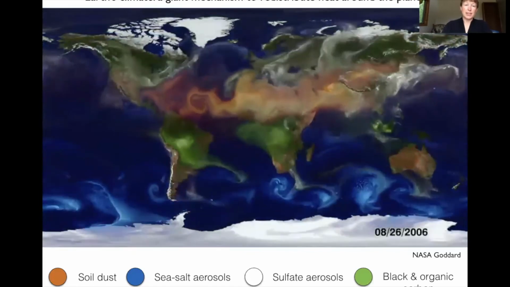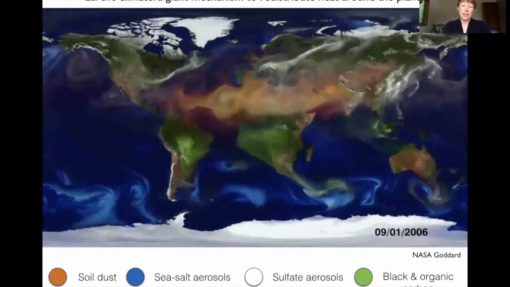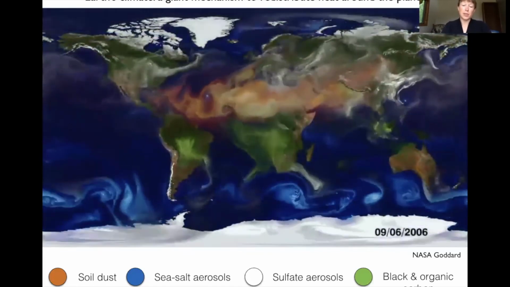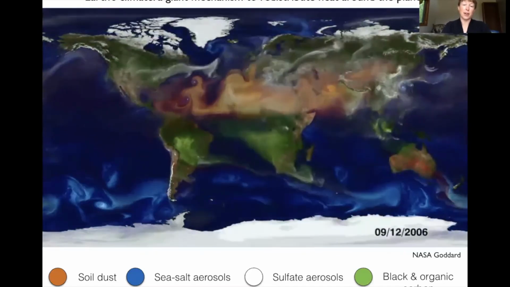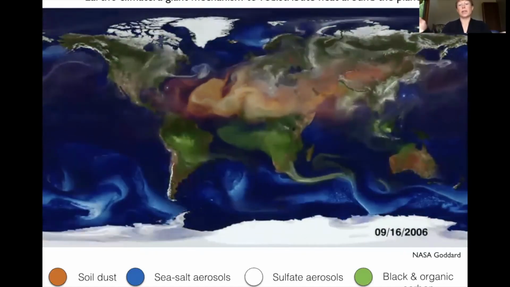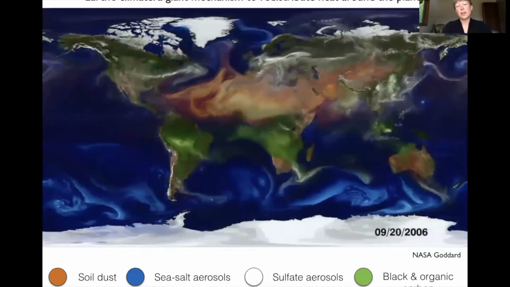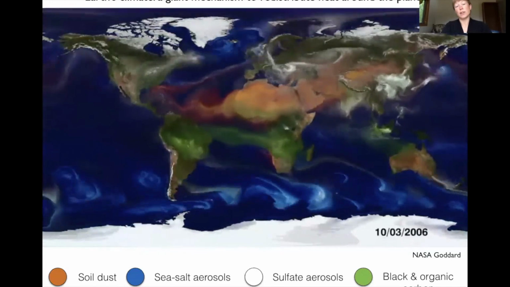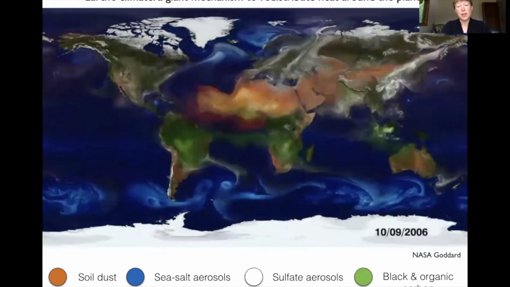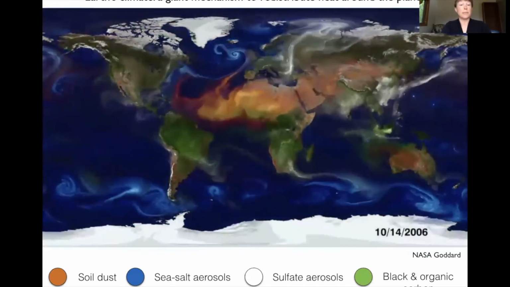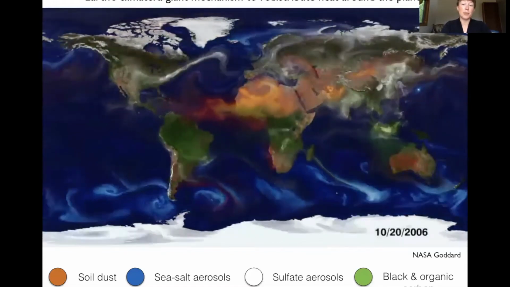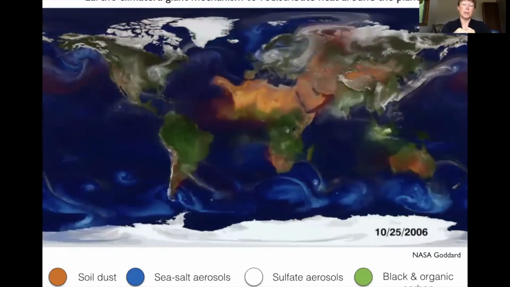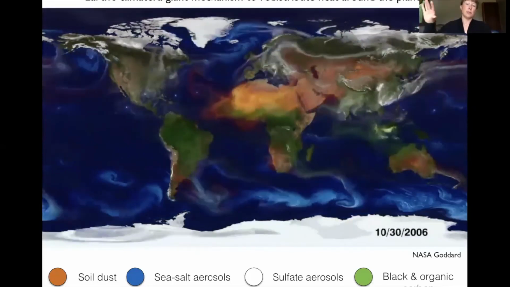So I hope you can see this. This is an animation from NASA that shows different types of particles in the atmosphere blowing around in the winds. I like to show this for a variety of reasons. But for us today, what's relevant about this animation is that we can actually see the global wind belts. You can see that in the tropical regions, you have the trade winds that are generally moving from east to west.